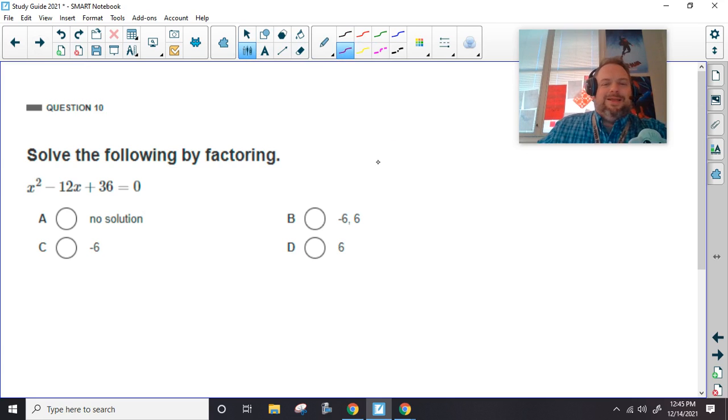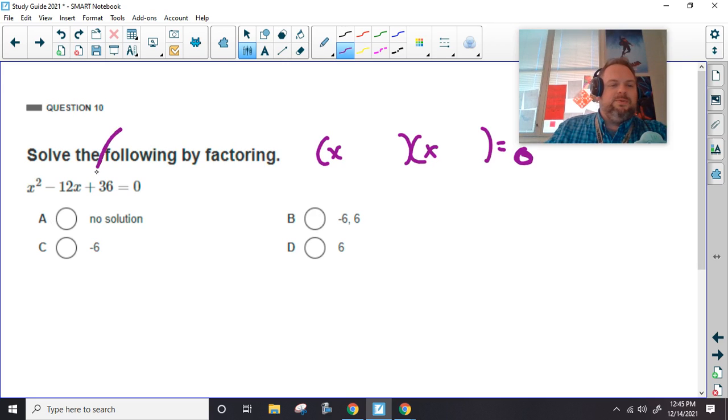So remember, we're going to factor this. That's a 0. Some of y'all are used to seeing that. So this means the signs are the same. This means they're both negative.